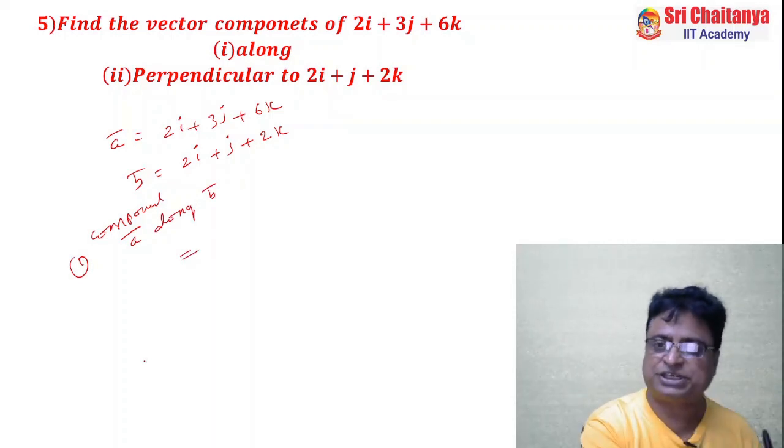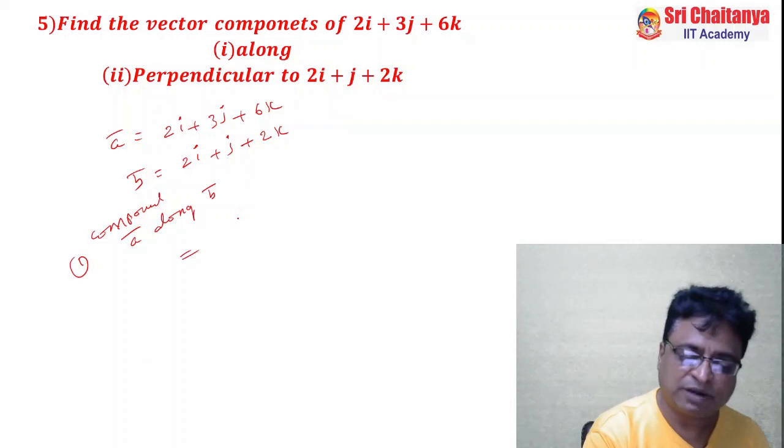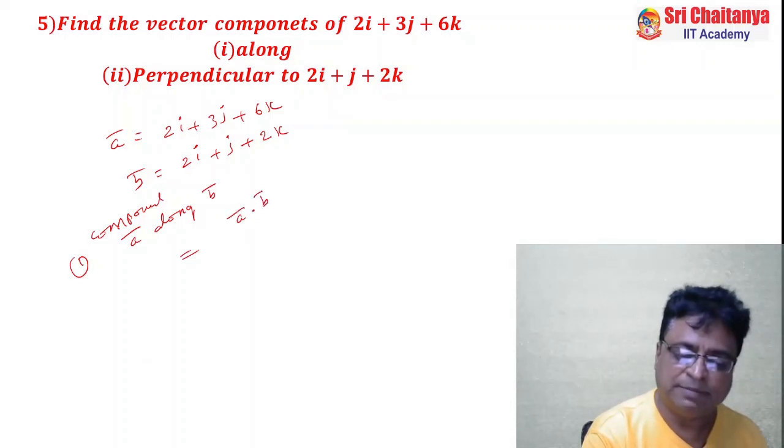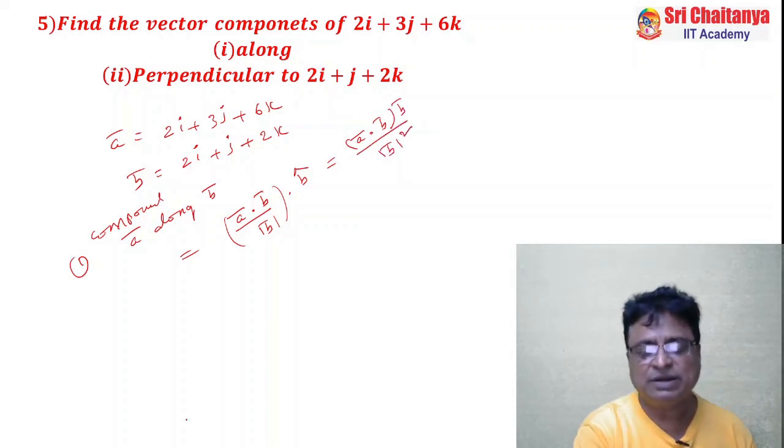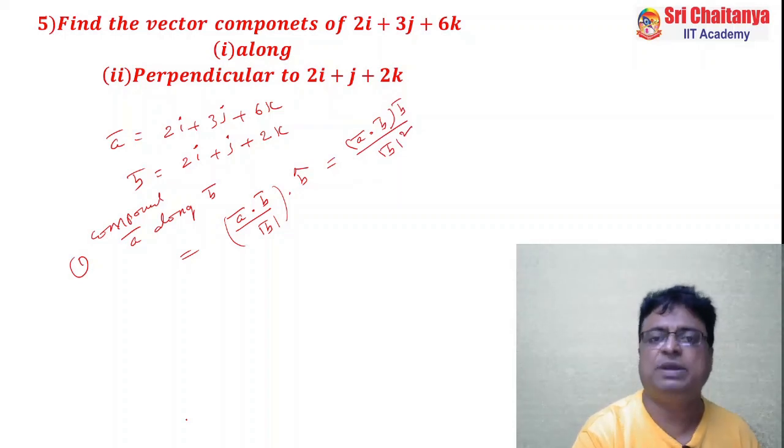See, that is projection, this is component. What is the formula? A bar dot b bar by mod b bar into b cap, or simply I can write it as a bar dot b bar into b bar by mod b bar whole square. This is the component of a bar along b bar.